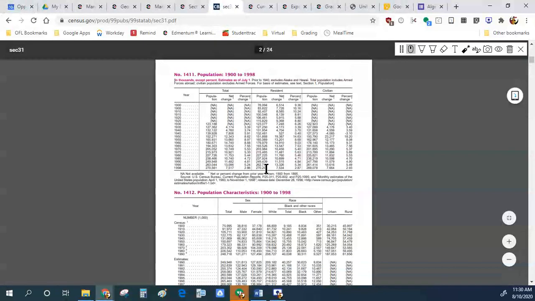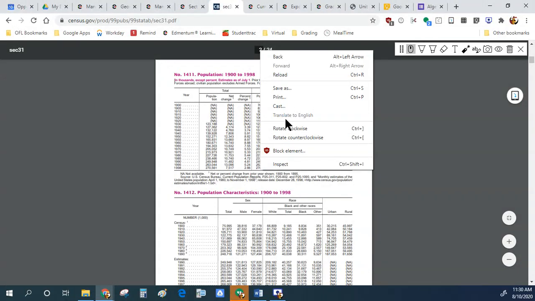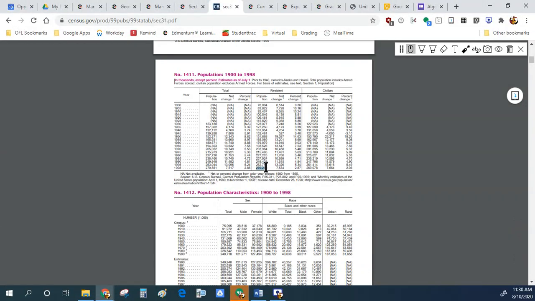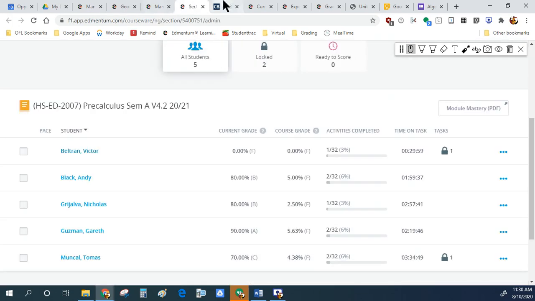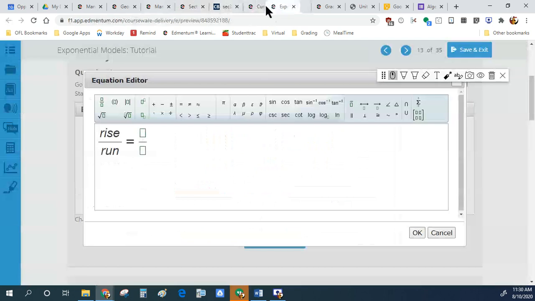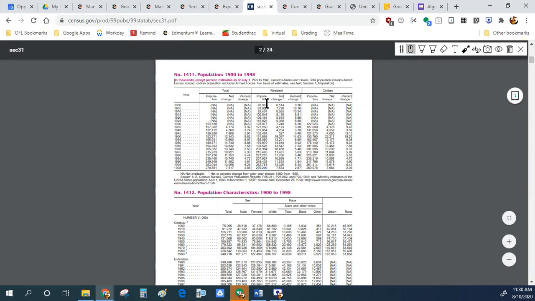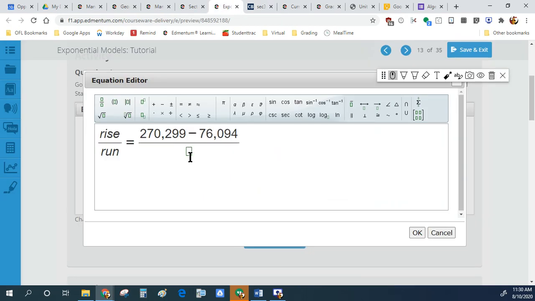I'm just going to copy this, hit Control C, minus this. And the run's going to be 98 years because it's from 1998 to 1900. Then we're just going to calculate this out.